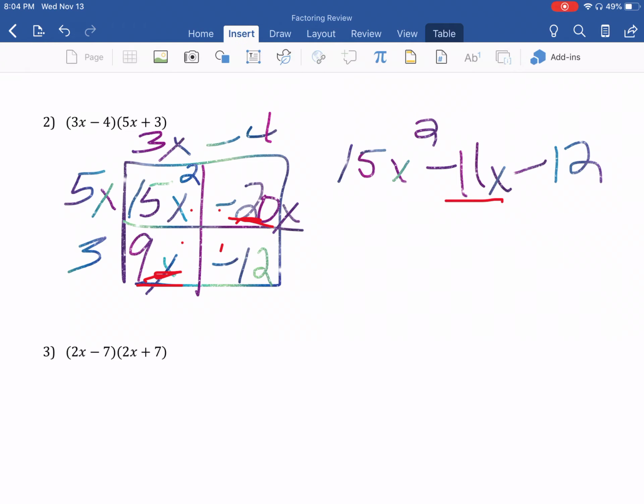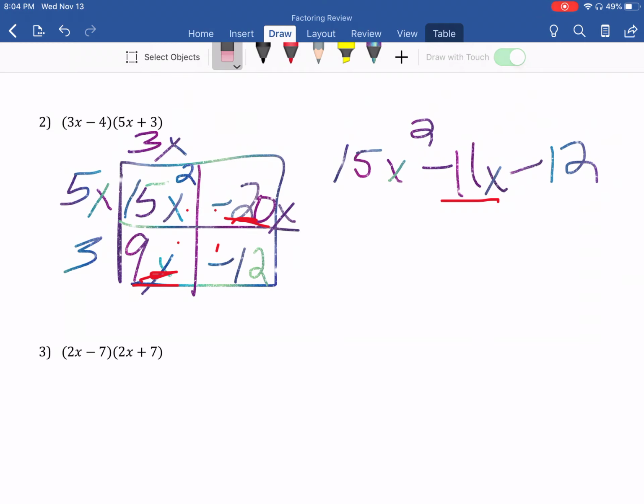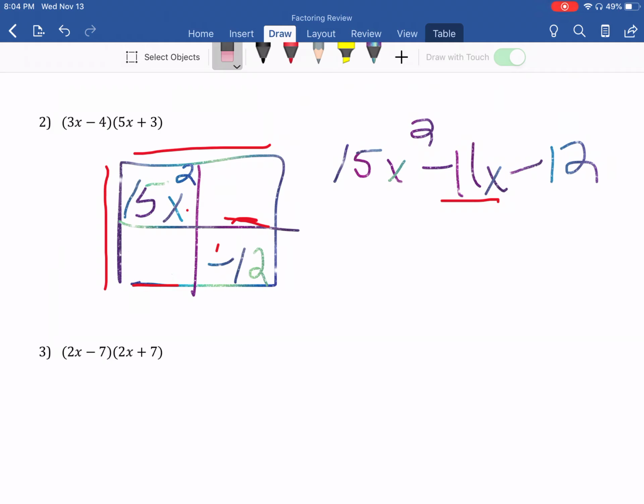So what you're looking for when you are factoring is the terms that go on the outside. So what you're looking for is this here and that there. What you don't have, which would be nice, and when we did the notes on this, is these terms right here to figure out what goes on the outside.